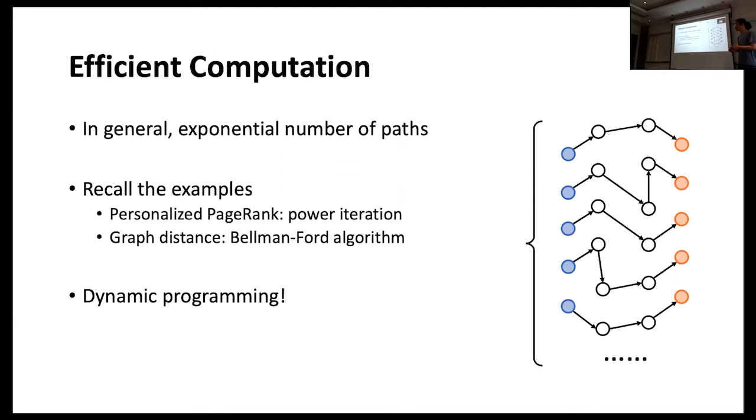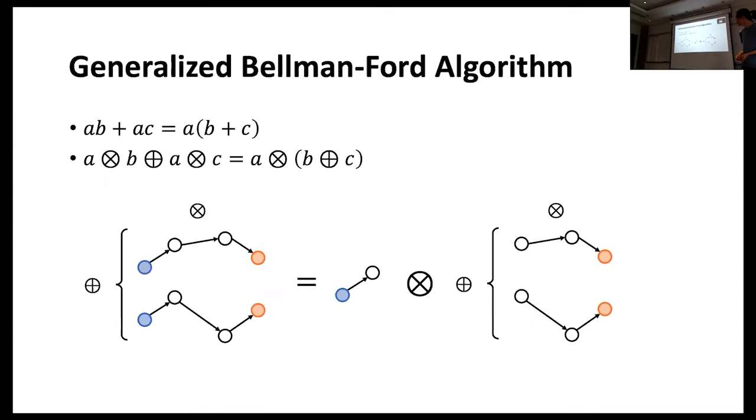For personalized PageRank, there's an algorithm called power iteration. And for the graph distance, I guess maybe you are more familiar, we have the so-called Bellman-Ford algorithm. The idea behind these two algorithms is dynamic programming, so we will introduce that later.